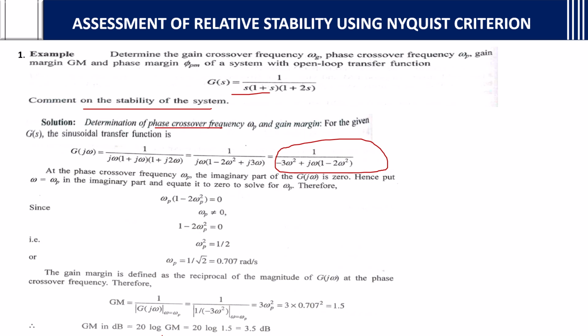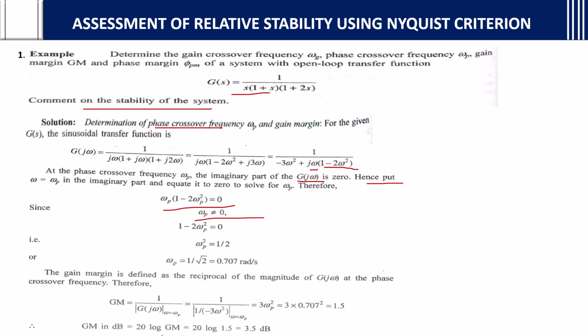At the phase crossover frequency omega p, the imaginary part of G(j omega) is 0. Hence, put omega equals omega p in the imaginary part and equate it to 0. Means the imaginary part here is omega p into (1 minus 2 omega p square) equals 0.